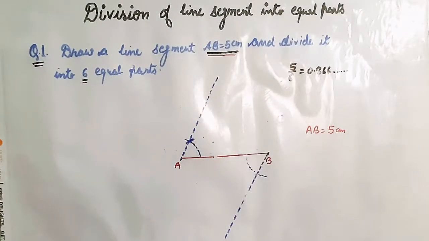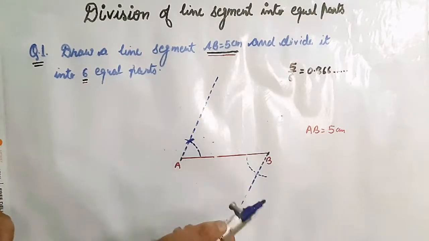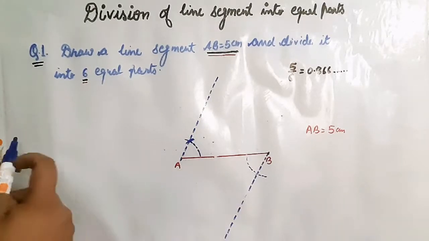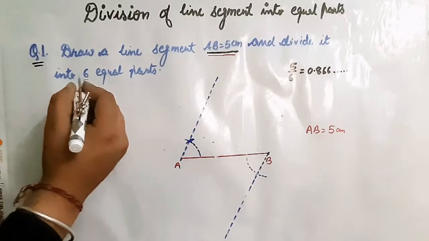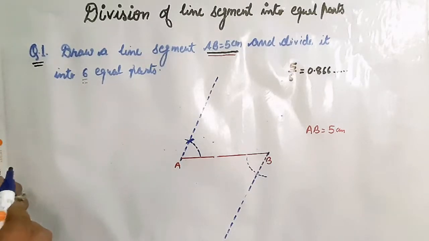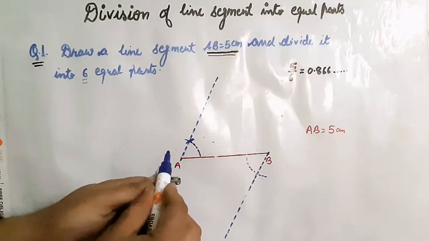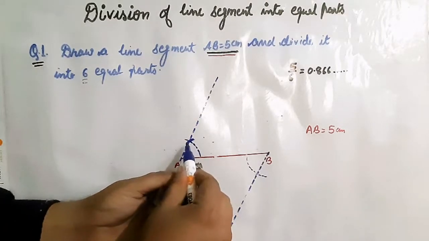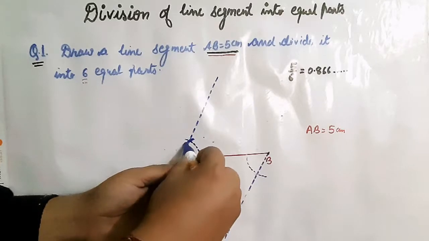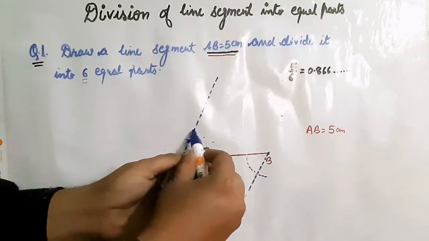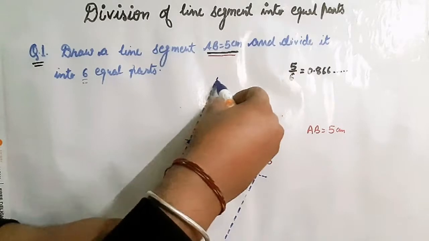This also you have to draw in a dotted way. Now the next step is to open your compass a little and mark 6 equal parts on the arm of angle A and the arm of angle B, because we have to divide it into 6 parts. So mark 6 points on the arm of angle A. This is the first, then from the first we mark the second.